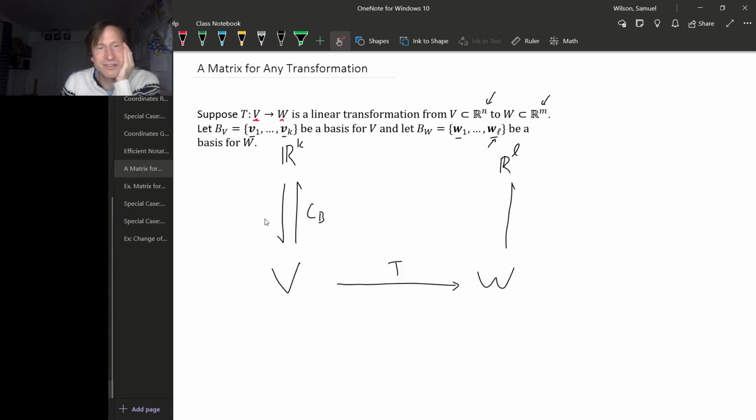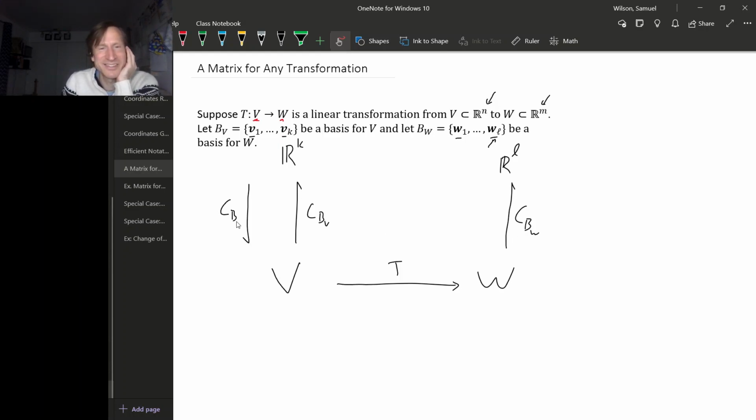It's also clearly onto, so it has an inverse. In fact, let me move this over here. Okay.